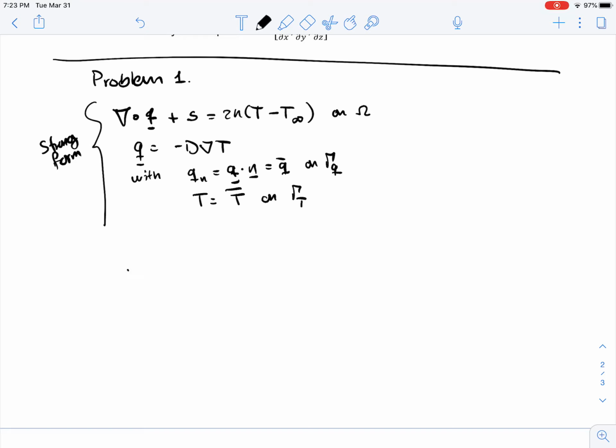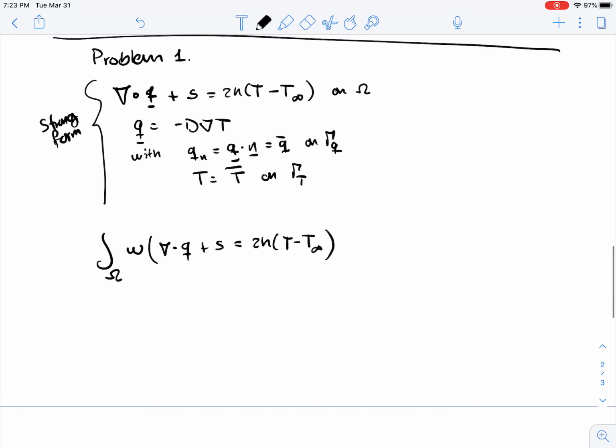To go from the strong form to the weak form, remember the first thing is that we multiply everything by some weight function, and we're going to integrate over the domain. Now this is not a really good notation, so I'm going to move everything on the right hand side to the left hand side so that it actually makes sense.